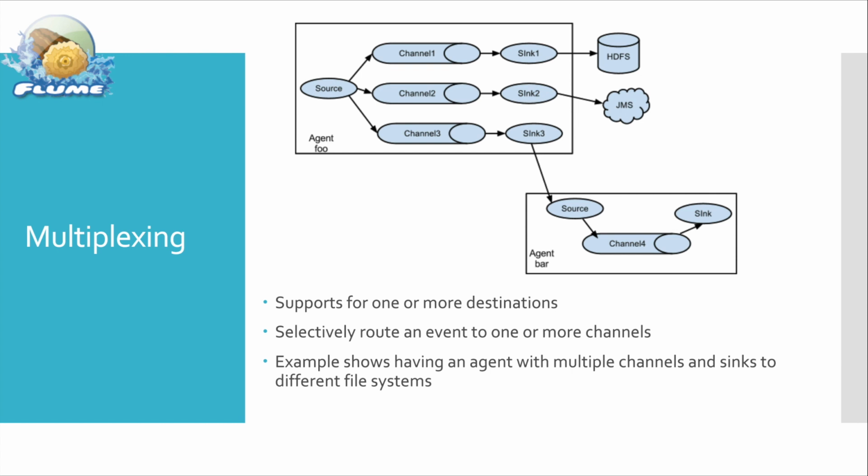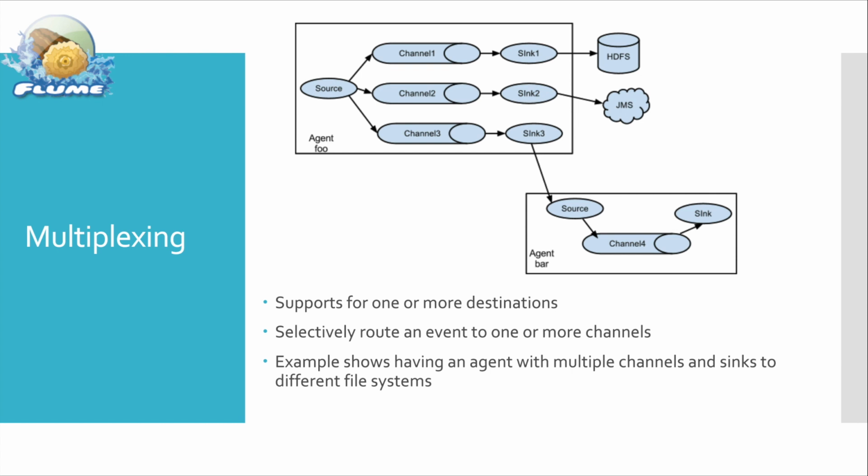So there's something else called multiplexing. So you can actually use different agents to distribute the data in different file systems. It supports multiple destinations, and you just have to create different channels where the source is coming from.